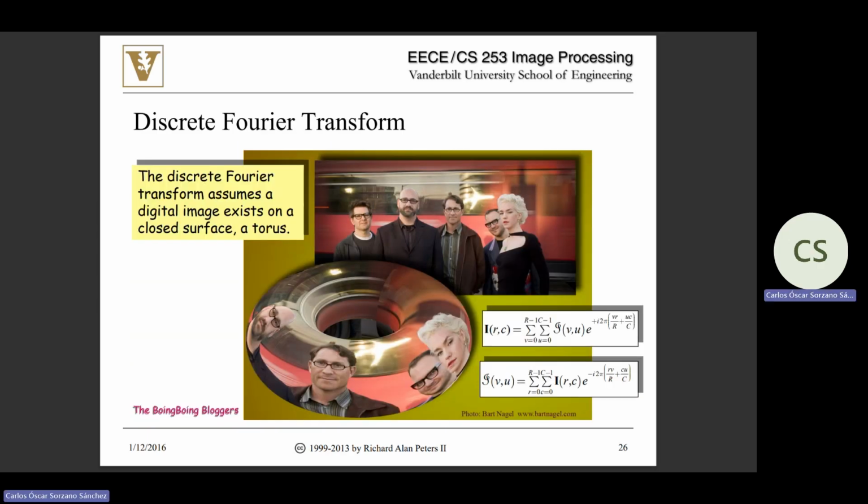And the same for the discrete ones. The discrete ones here, these torus, I think it is another way of looking at the Fourier transform, but I think it is not so easy to see. Okay, so let's forget about the torus, and here we have the forward and the inverse Fourier transforms for discrete images.